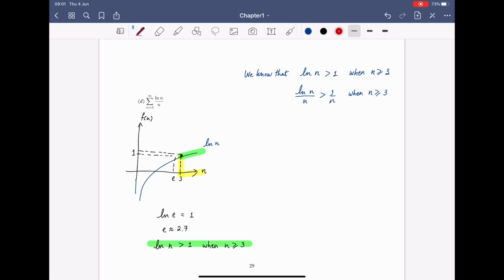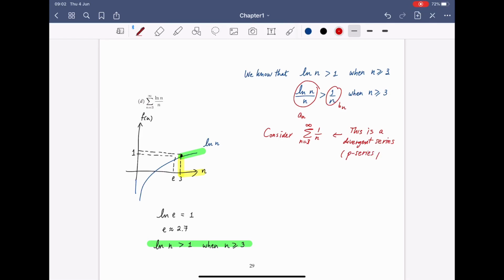And then now you can observe that this thing is your an, right? This thing is your bn. So now you have the inequality an greater than bn. So now we're gonna consider the summation of 1 over n, which is our bn, n starts from 3 to infinity. And this thing is a divergent series, right? This is a divergent series because this is a p series when p equals 1, or this is a harmonic series, the same thing.